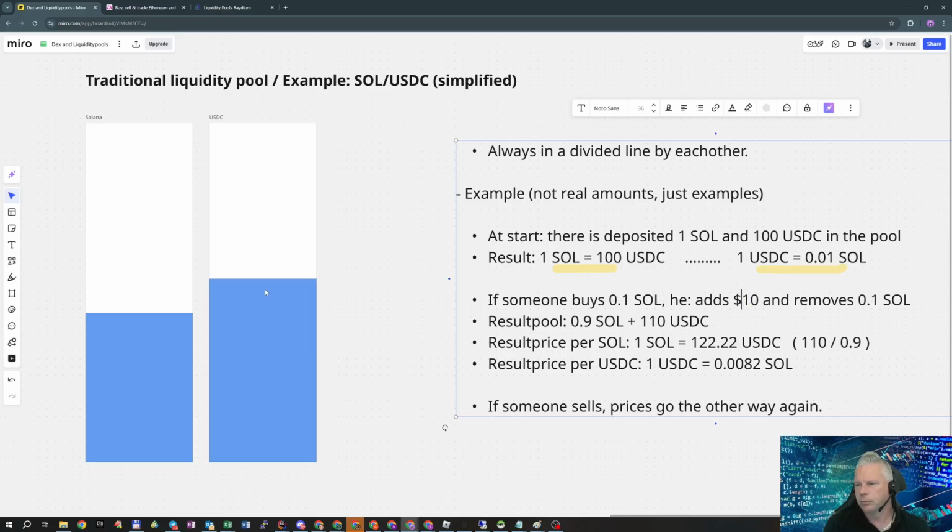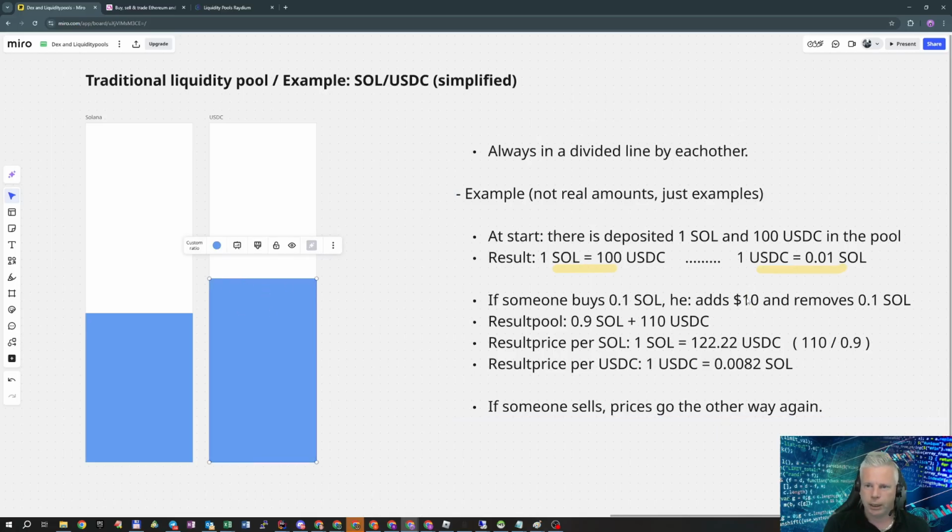That means he adds the $10 here, and he removes the Sol because he gets it in his wallet, right? He's the buyer. That will be going down there. So now this pool, as you can already see a little bit, contains less than 1 Sol. It's now 0.9 Sol, but it also contains 110 USDC.